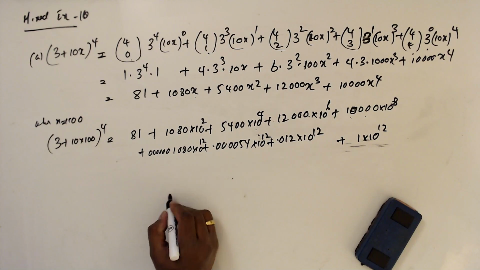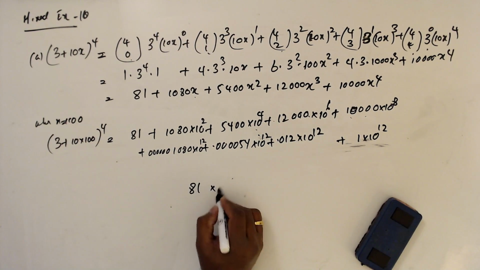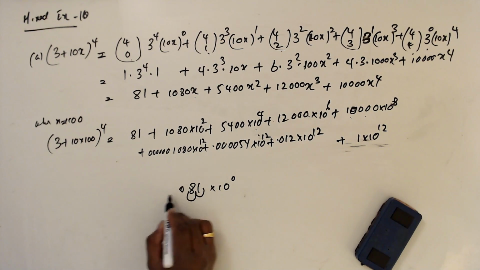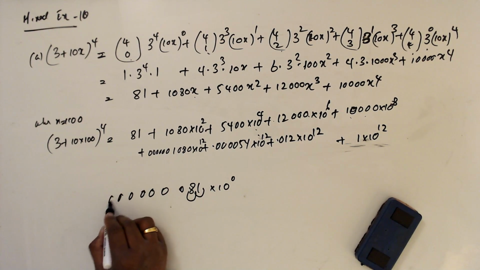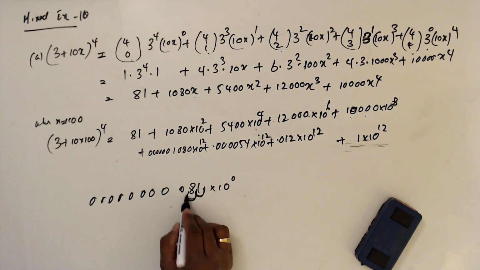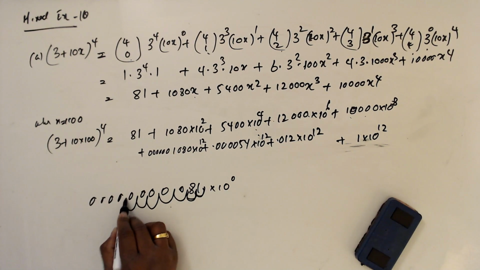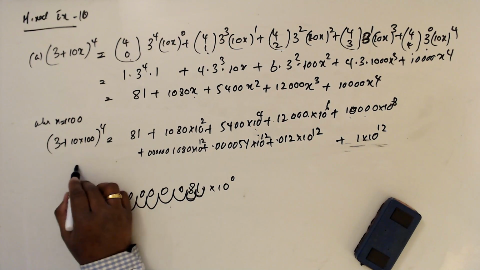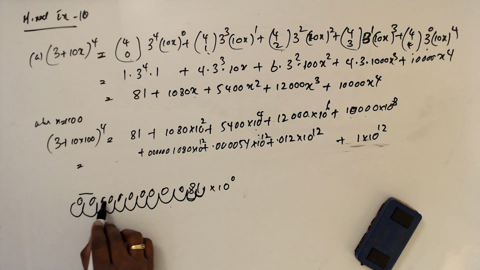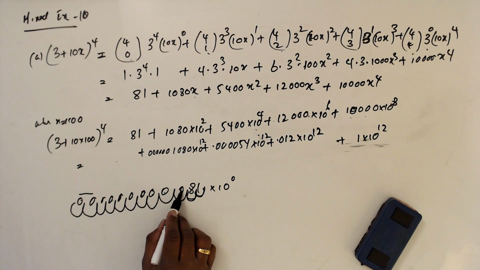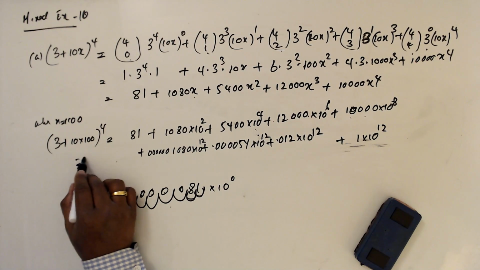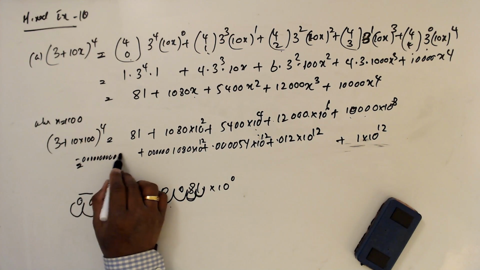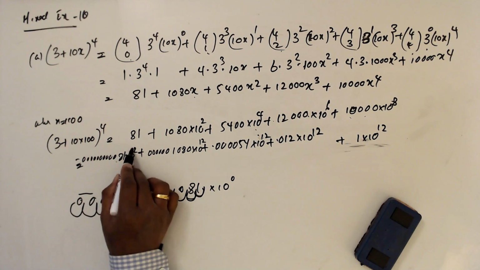And then 81 times 10 to the power 0. How many zeros? 10 zeros, so 81 times 10 to the power 12.